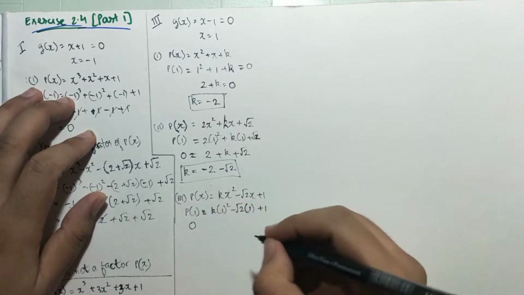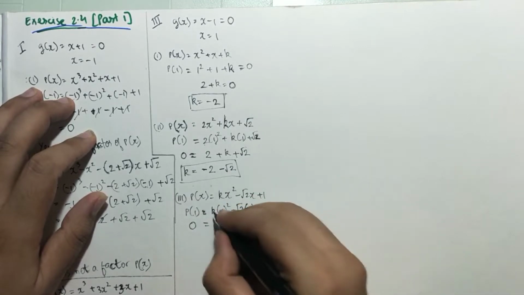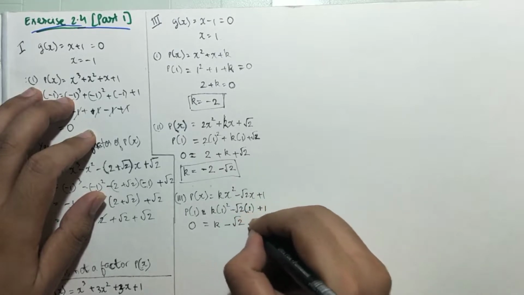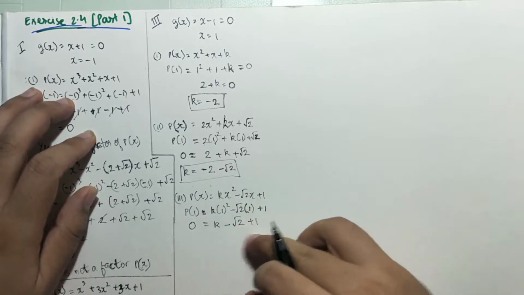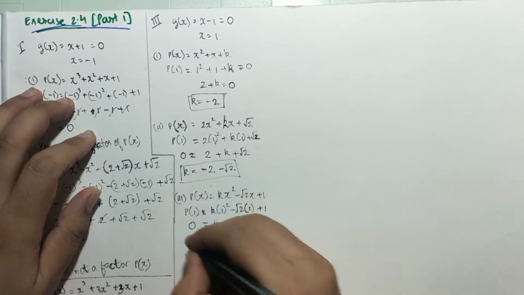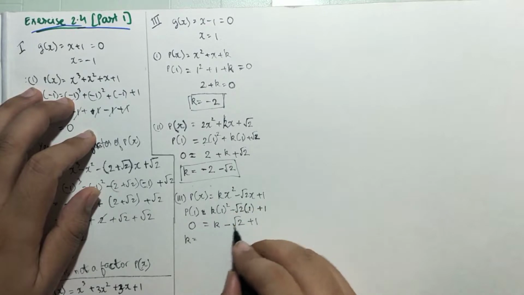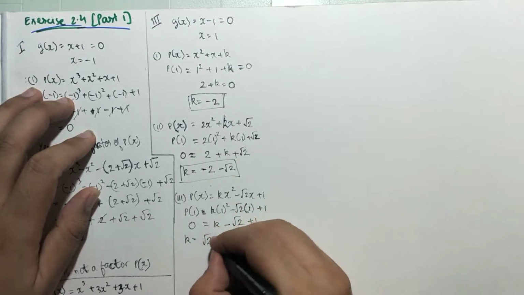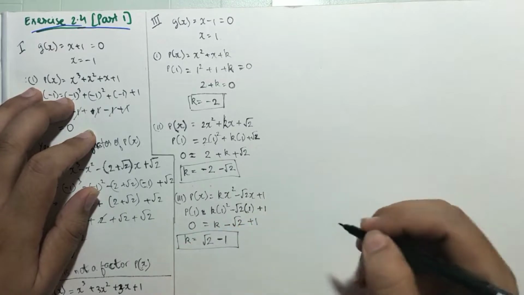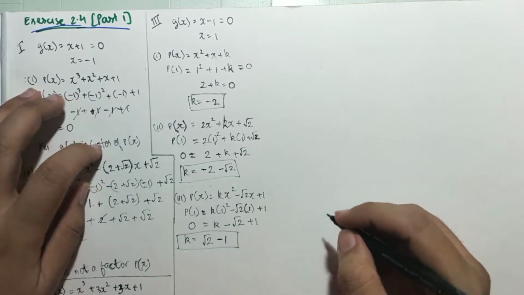The remainder is 0, so this will come out to be 0. 1 square, that is 1, k into 1 is k, minus root 2 plus 1. They will not get added. These both terms will go on the left hand side or the right hand side, as you say. So k will be equal to root 2 will go on that side, it will become plus root 2. 1 will go on that side, it will become minus 1. So the value of k is root 2 minus 1.